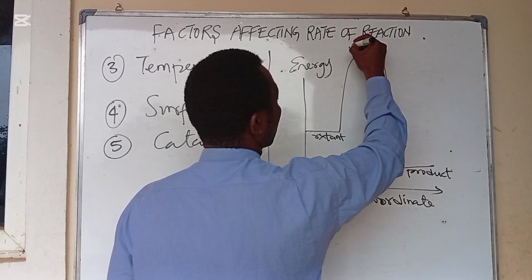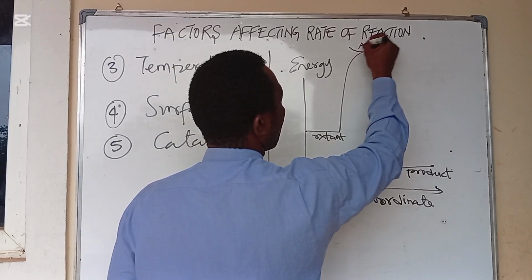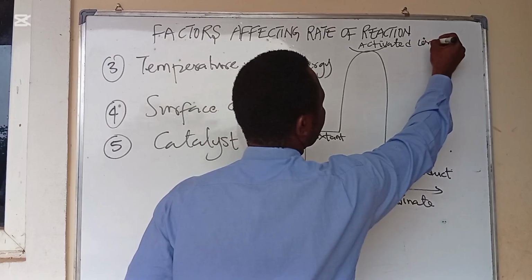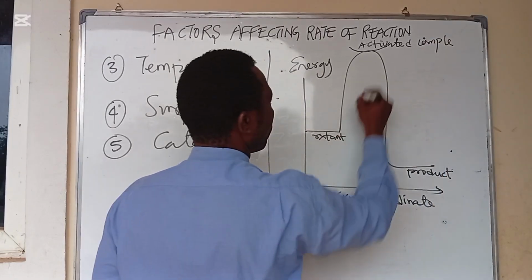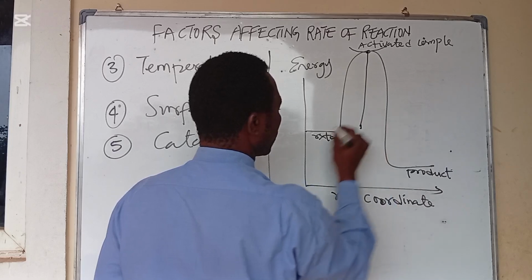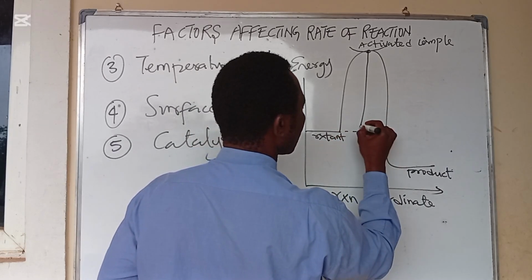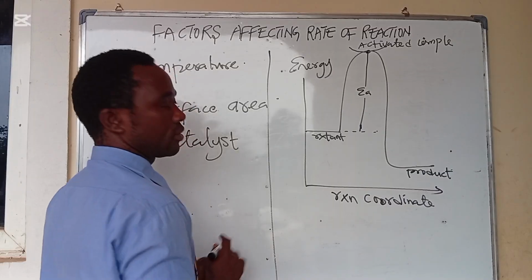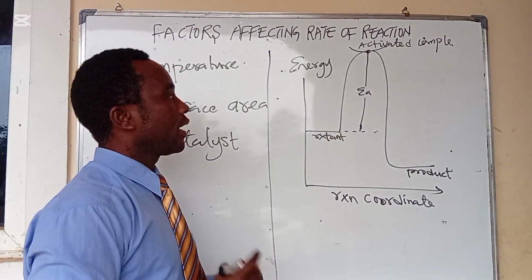Here is the activated complex. From this point to the place where we have the reactant, from here is the activation energy. So this is the activation energy.